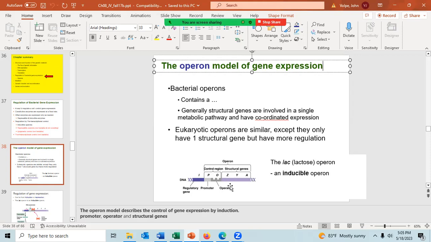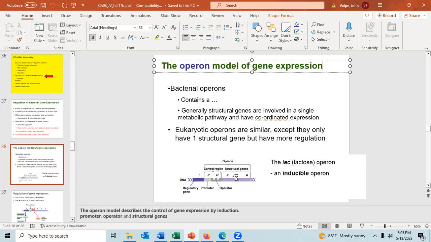And this is the lac operon I'm showing you, which in prokaryotes has 3 structural genes. It has the Z gene, which is the gene that encodes for the enzyme lactase. It has the Y gene, which is the gene responsible for making the transport protein that brings the sugar lactose into the cell.